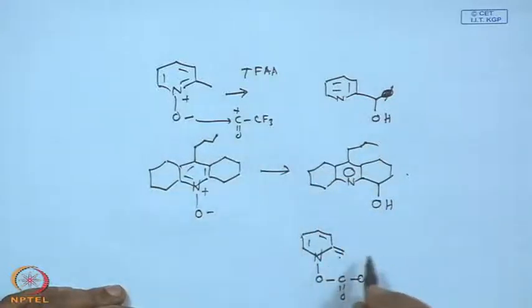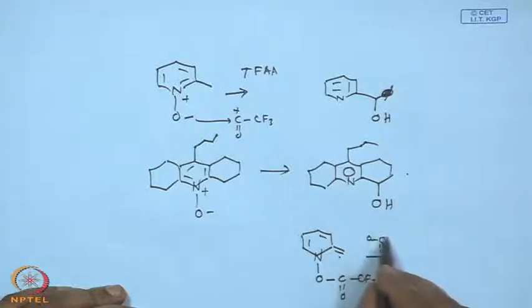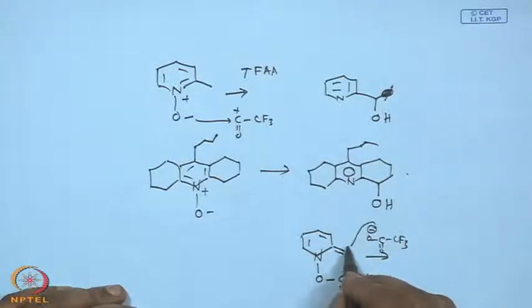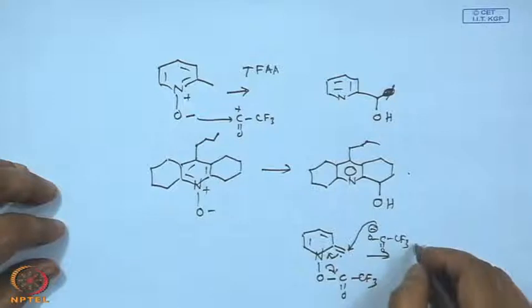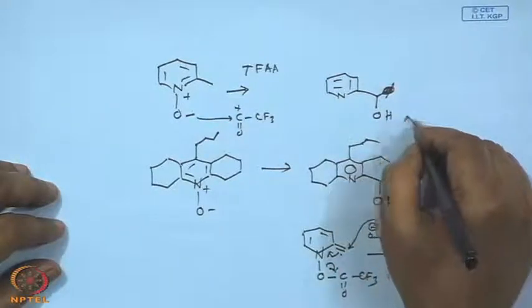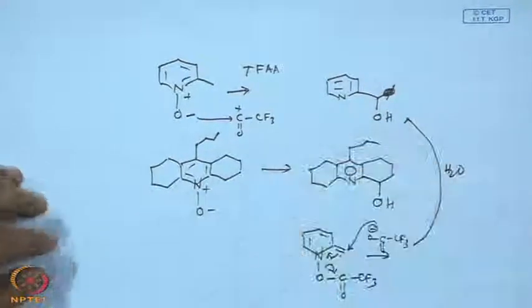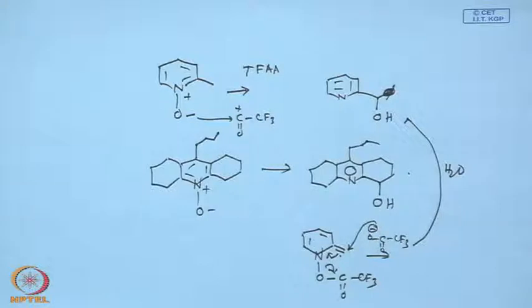So, a carbon double bond is produced, then the trifluoroacetate, this one, goes to displace this acetate, right. And then of course, once you have the trifluoroacetate, if you add water, that would hydrolyze the acetate to this alcohol. These are pretty common reactions.